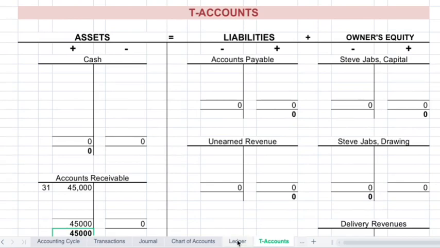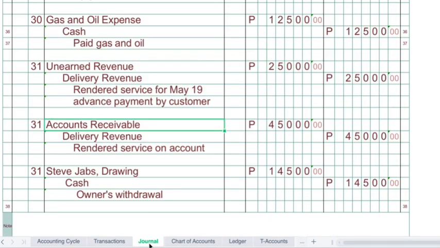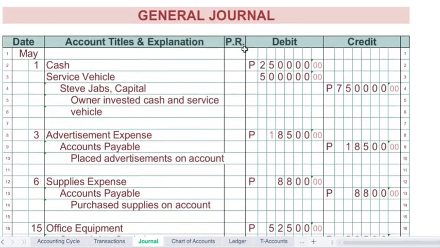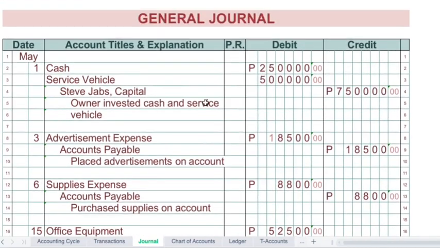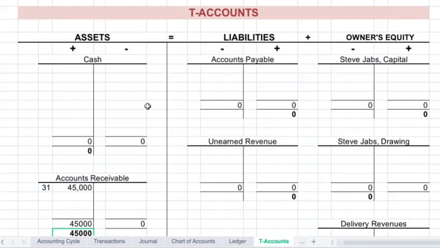Sige, gawin natin yung cash. So, ganun lang din. I-check lang din natin sa journal yung mga record or entries na involved si cash. So, tingnan na lang din natin dito sa general ledger. So, we have May 1, 250,000 debit.